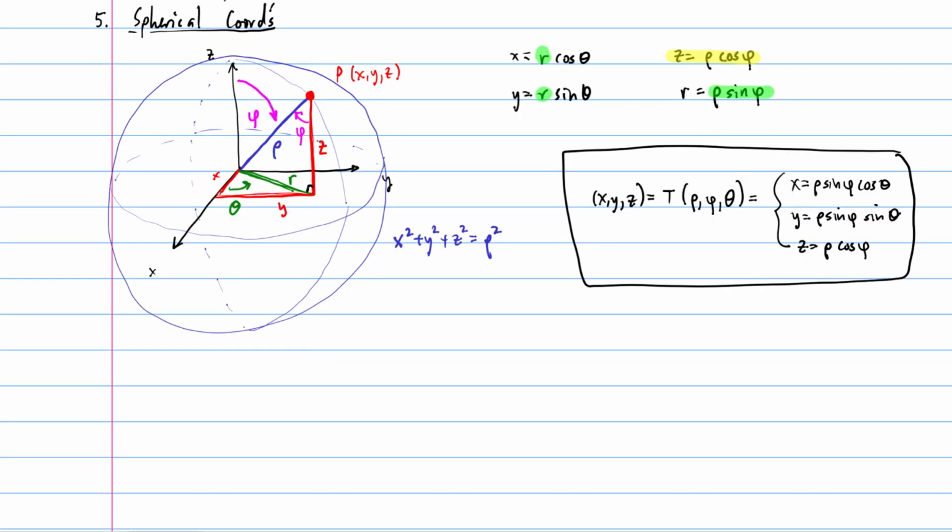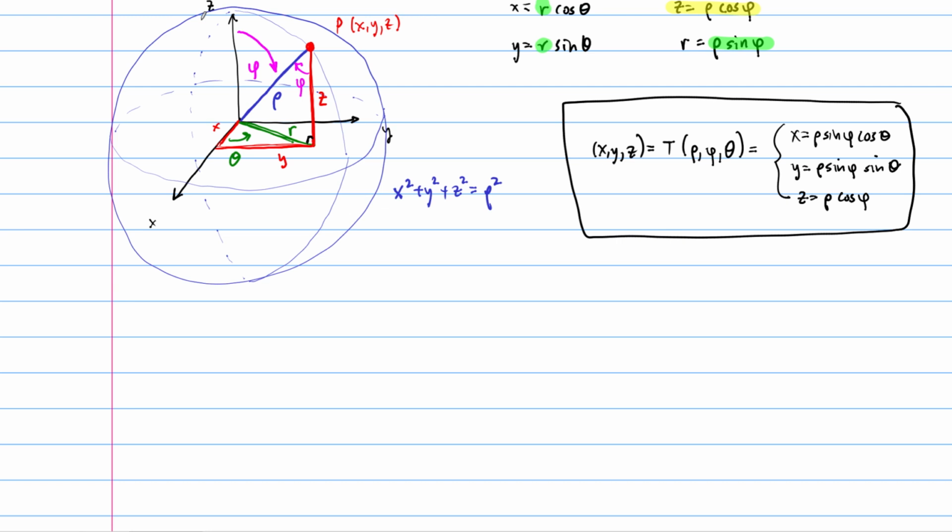And so again, as a recommended exercise, I want you guys to compute the Jacobian of this transformation in terms of rho, phi, and theta, in this order. So what is this going to be? This is going to be the determinant of the matrix that you get. So it's going to be dx by d rho in the first column.